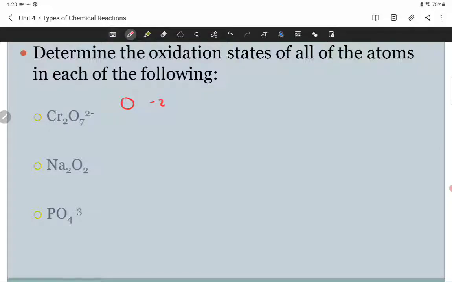Oxygen is almost always a -2. So what is chromium in this case? So a -2 for oxygen times 7 equals -14. This time it has to be -2 when we're all said and done. So what could we put here so that would equal that? I think if we do a +12, that would work. But how many chromiums do we have? We have 2. So each chromium would have to be a +6.